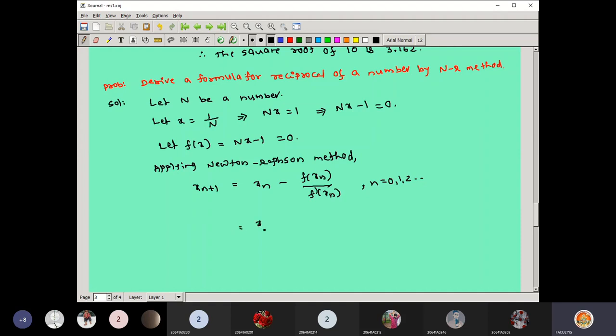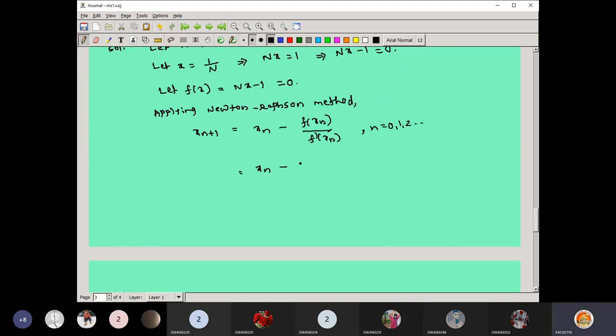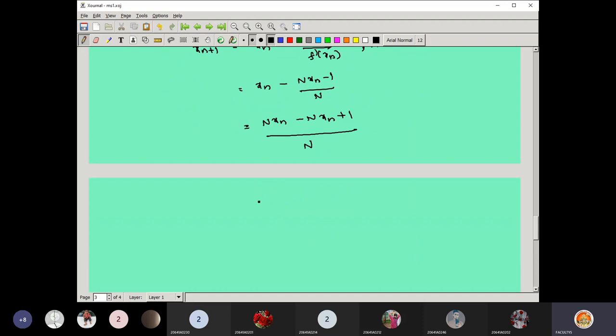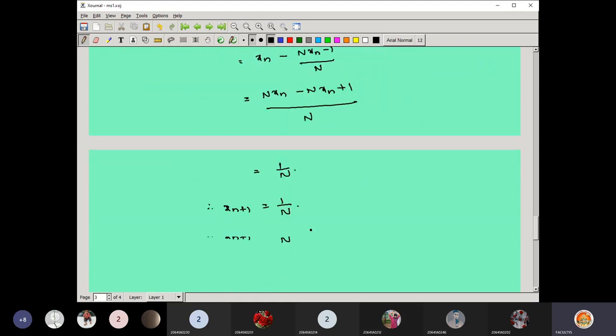So xn you keep as it is, minus f of xn, which is N xn minus 1, divided by f dash, the derivative of f of x, which is only N. So we get N xn minus N xn plus 1, total divided by capital N. On cancellation of N xn, you finally get 1 by N. Therefore the formula is xn plus 1 equals 1 divided by capital N. That is the required formula to find the reciprocal of a number by applying the Newton-Raphson method.